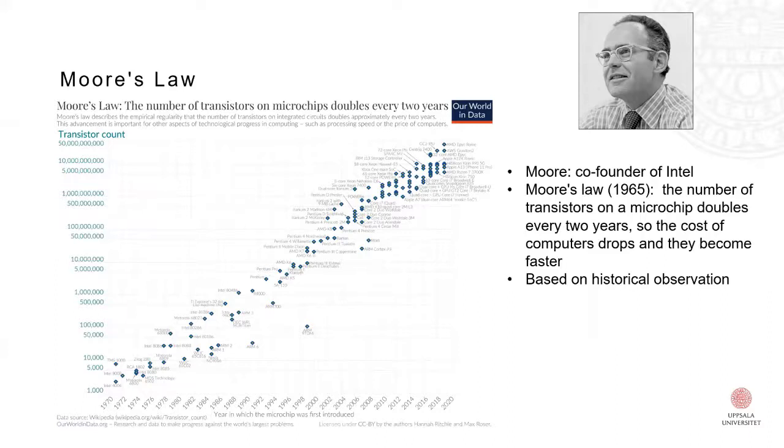He took a careful look at the technological inventions during history and how computers had evolved over time, and he guessed that the number of transistors inside an IC would double every 2 years. This was his guess. This law wasn't made based on any experiments. And interestingly, it actually has been true for a long time.